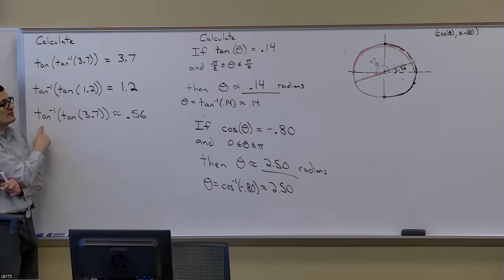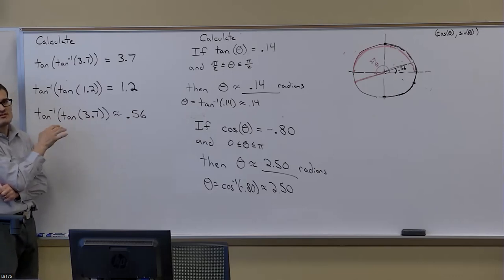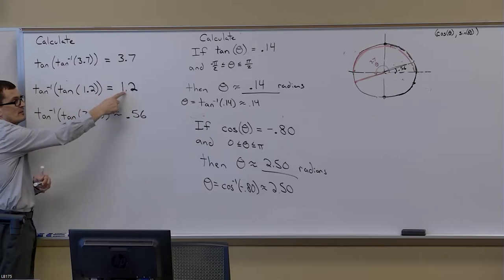And in this case, it had to spit out an angle in the first quadrant because of the relationships between tangents. Does that make sense? So that's why most of the time you get the same number.